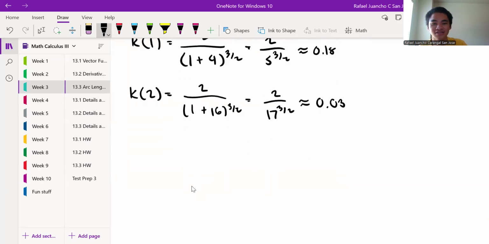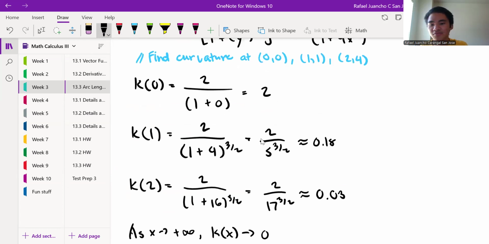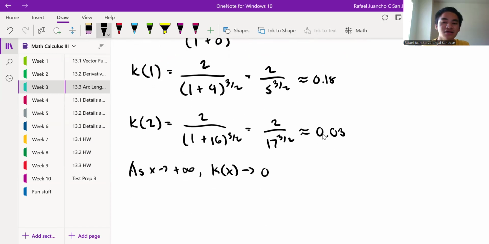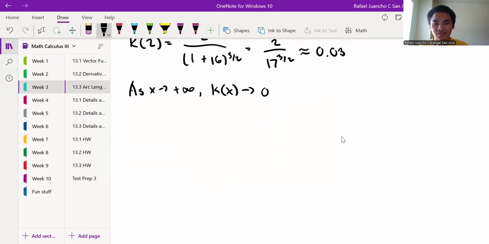So the thing is, as my x goes to infinity, positive or negative infinity, because this works for both, my curvature at that function is actually just approaching 0, right? Because here it starts at 2, then I go 1 point, now it's at approximately 0.18, and then as I go on, it gets smaller and smaller until it reaches 0.